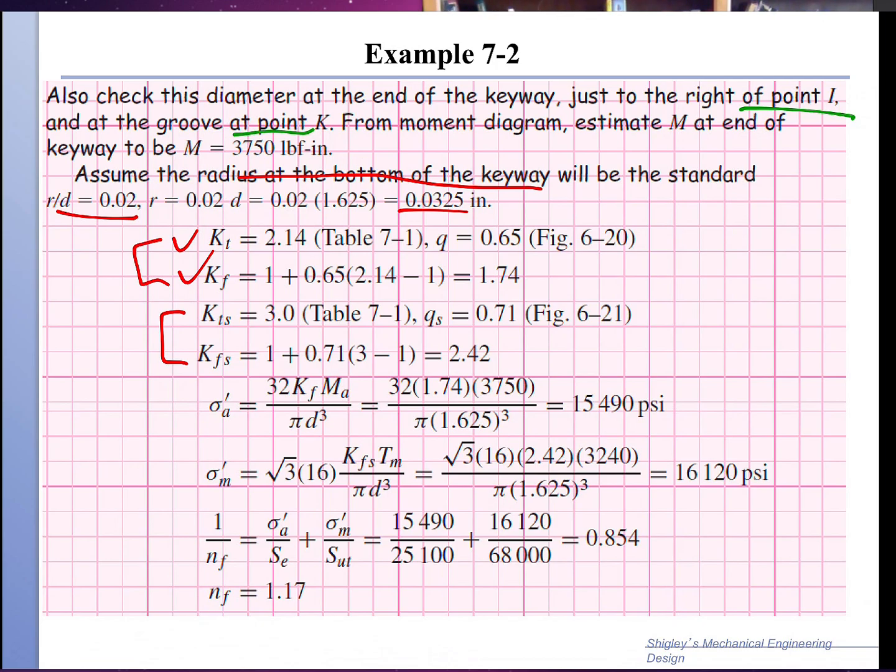And once we do that, then we find the corresponding von Mises values for the alternating stress and the mean stress at that point, and check for the safety factor.